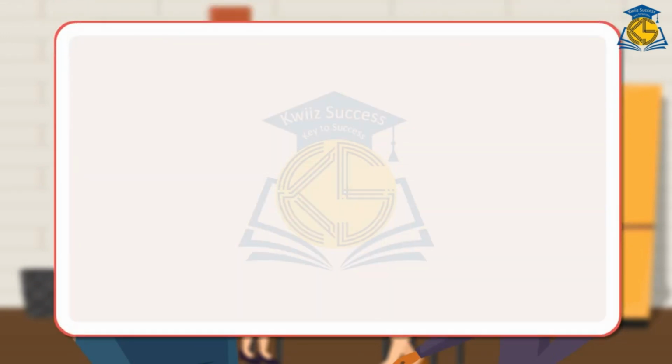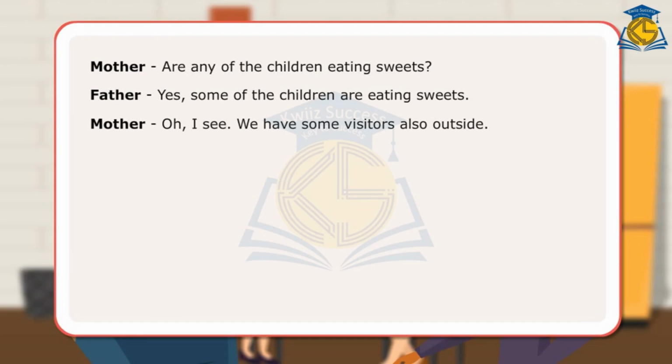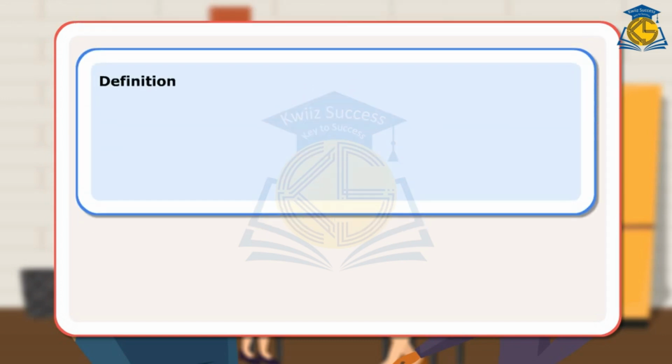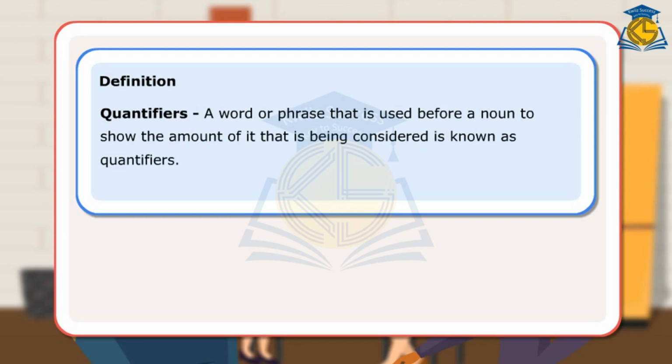In the conversation, the mother and the father have spoken about countable and uncountable things using quantifiers with and without of. Definition: Quantifiers: a word or phrase that is used before a noun to show the amount of it that is being considered is known as quantifiers.